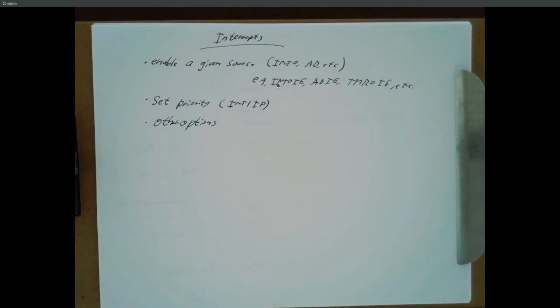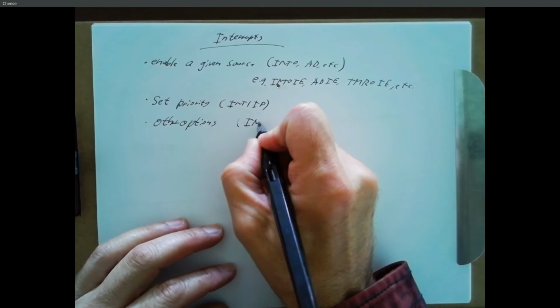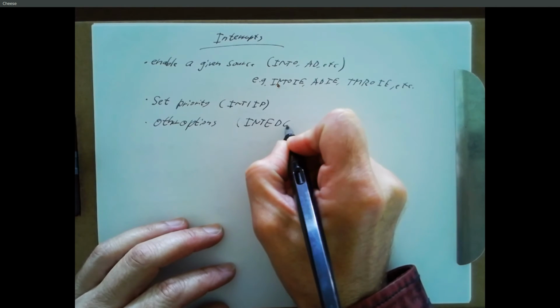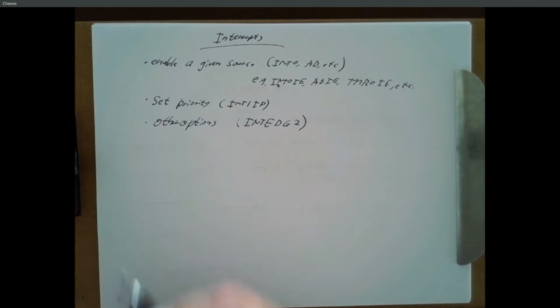For example, interrupt 2 has an edge option, so we can say, do we want to interrupt on the rising or the falling edge? Like INTEDG2. So enable it, set the priority, then it's probably a good idea to clear the flag.